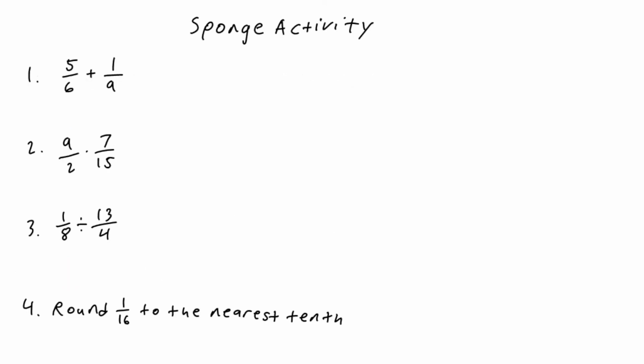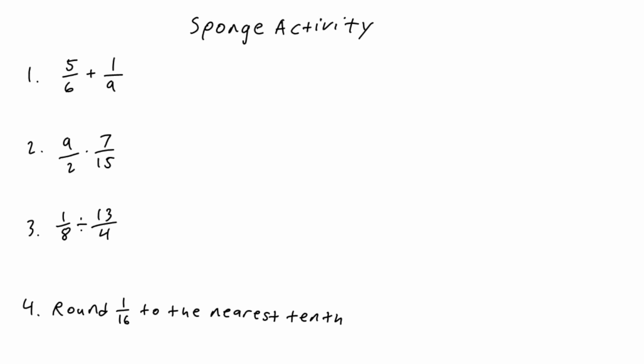Now time for the sponge activity. What the sponge activity is, and I've probably already mentioned this in class, is I give you a few problems, and if you get them all right, you get a bonus point on the next test. And they're problems based on this lesson. You do them before class.